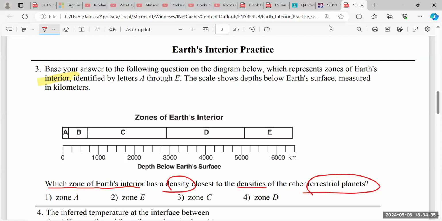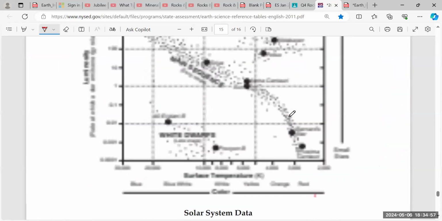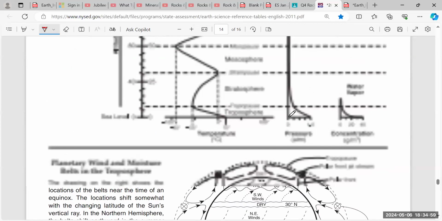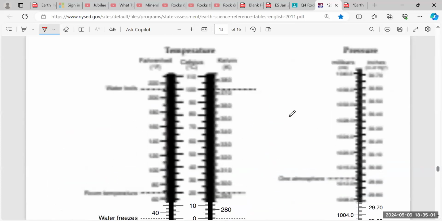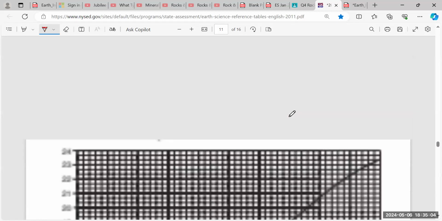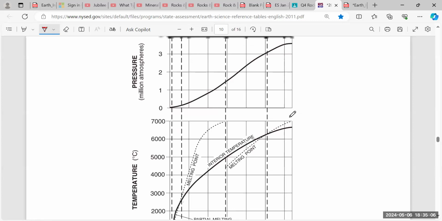Now, I have to find, as the question says, which zone of the Earth's interior has a density closest to the density of the other terrestrial planets. All right. And so when I'm looking on page 10 of the reference tables, right, to see the different zones of the Earth's interior, I scroll and I scroll and I scroll.